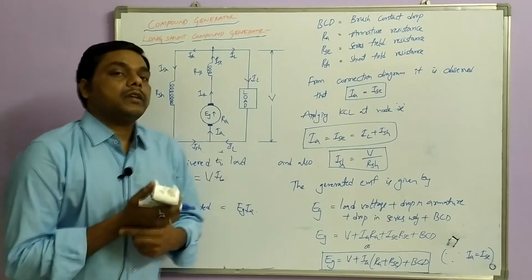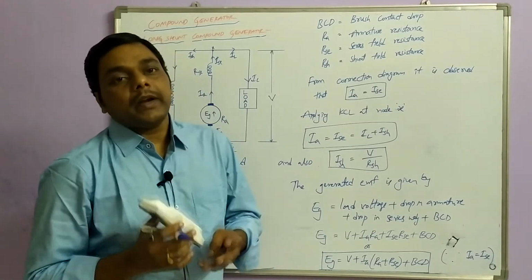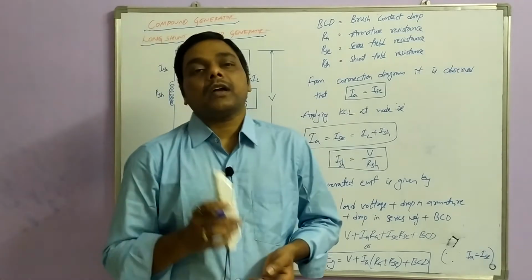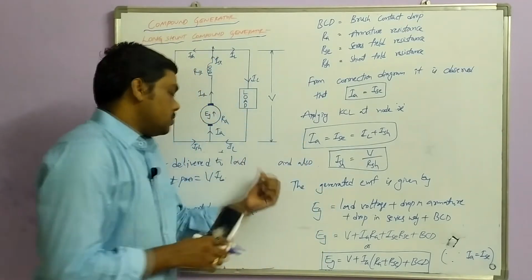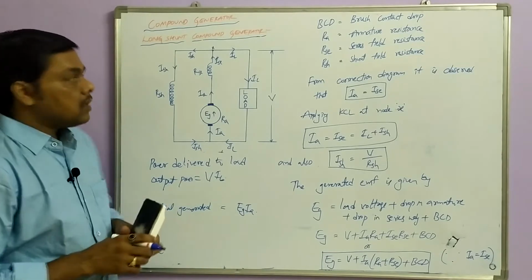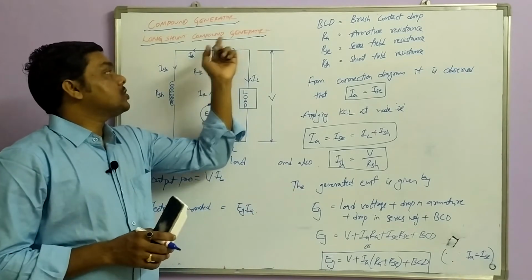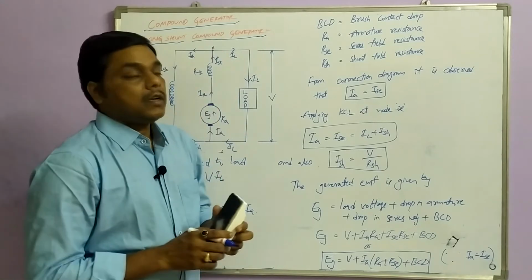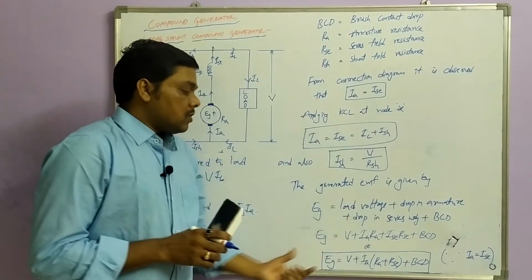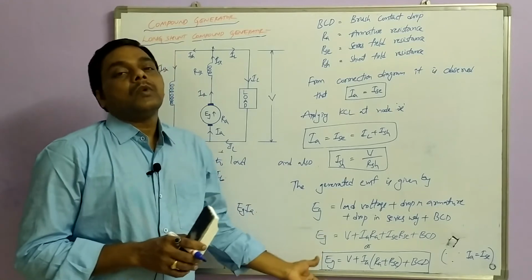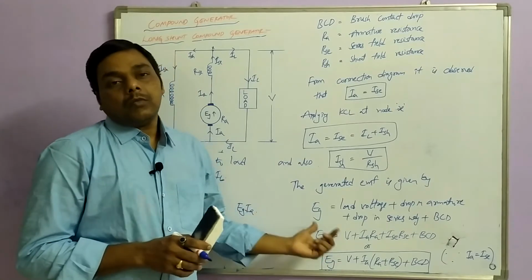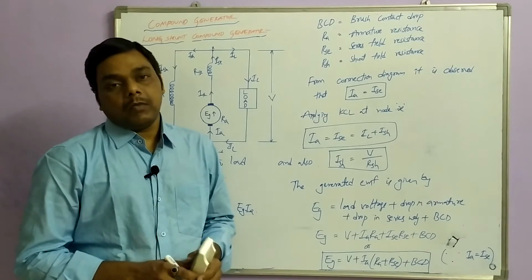We can calculate the efficiency, and also the mechanical, electrical and commercial efficiency by using these relations. These are the voltage and current relations of the long shunt compound generator, and we will solve a simple numerical problem using these formulas. You have to remember these formulas.